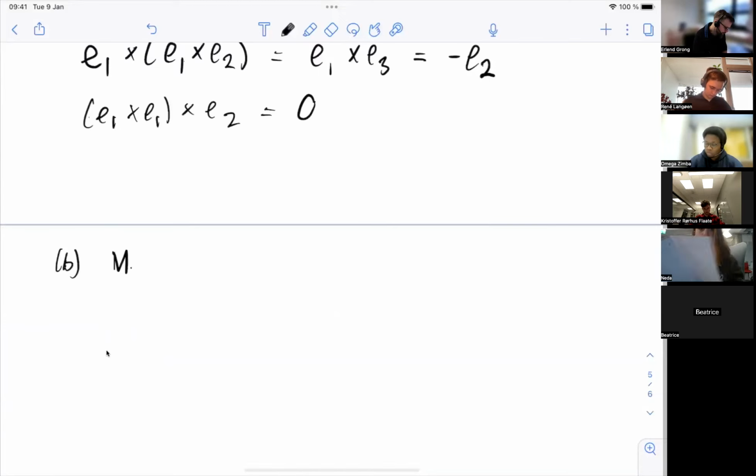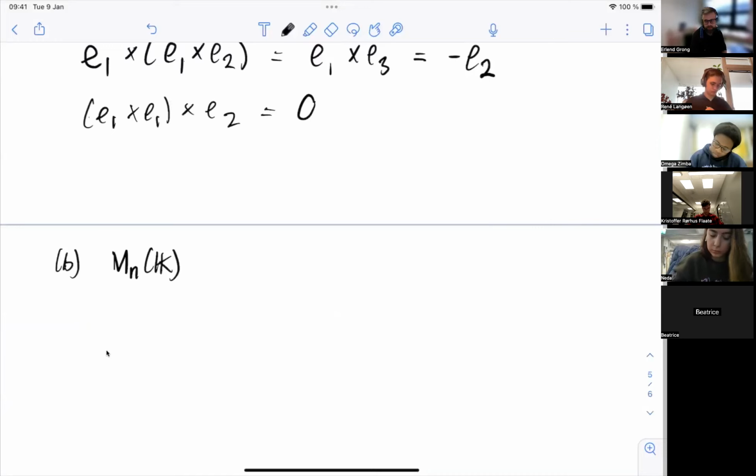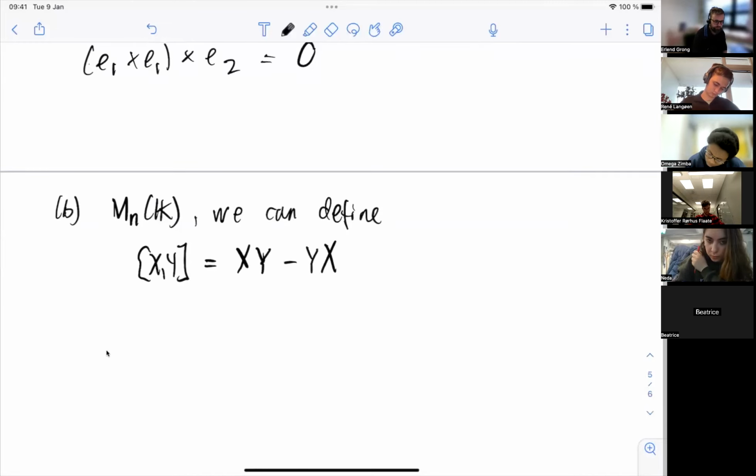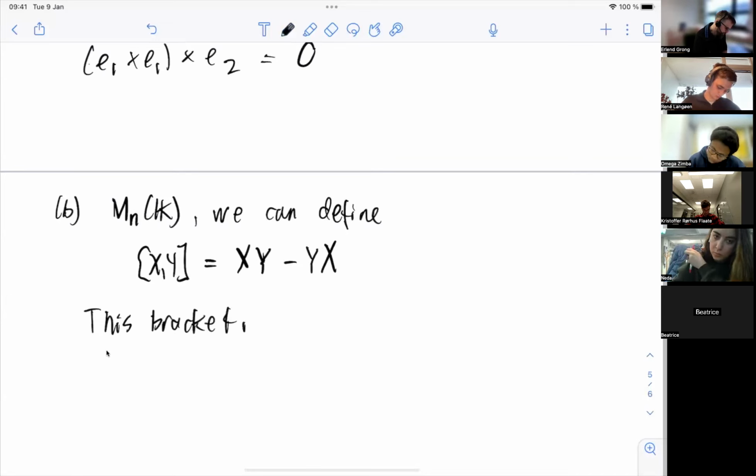Next example: if we take all n times n matrices over K, we can define the bracket of x and y as xy minus yx. This bracket is called the commutator bracket.